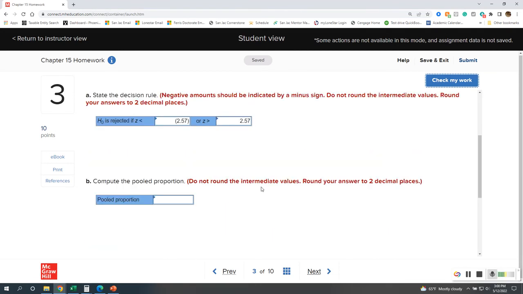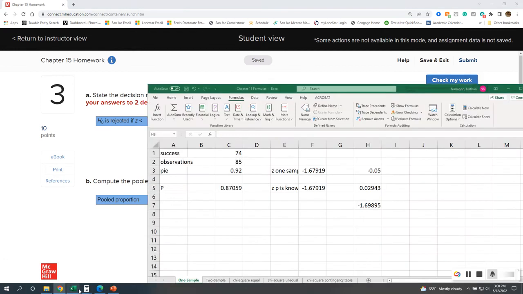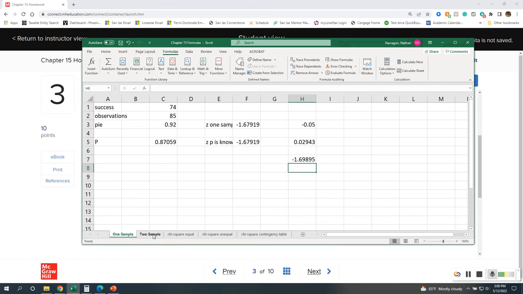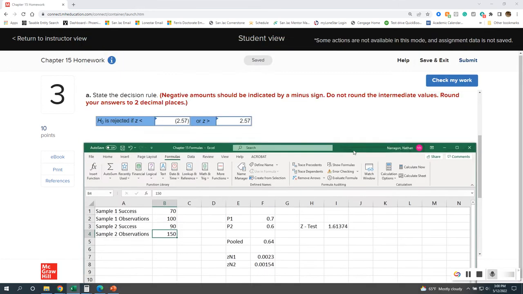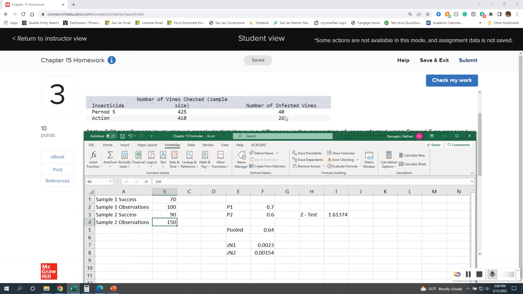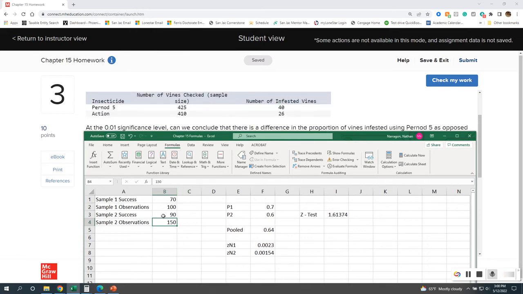Compute the pooled proportion. Yeah, y'all like going, uh-oh. Yes. But coming to save the day is our Excel. Because there's our two-tail. So, sample 1. Number of observations, 425 with 40.